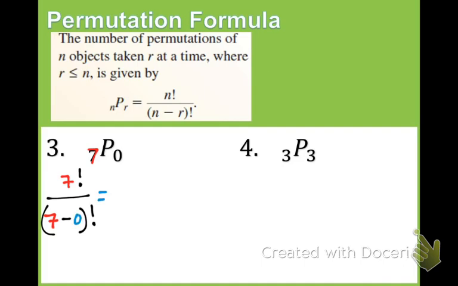I've seen a lot of people get 7 minus 0 wrong. What is 7 minus 0? 7. So what is anything over itself? 1. So our final answer is 1.